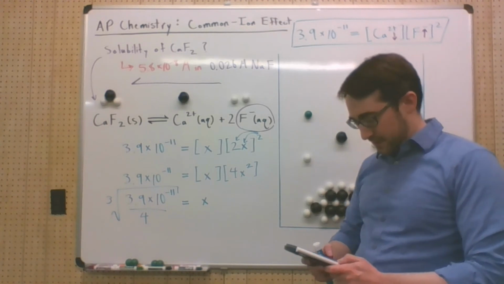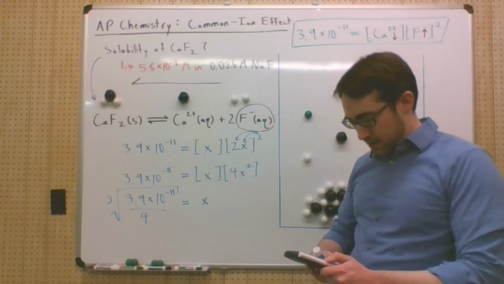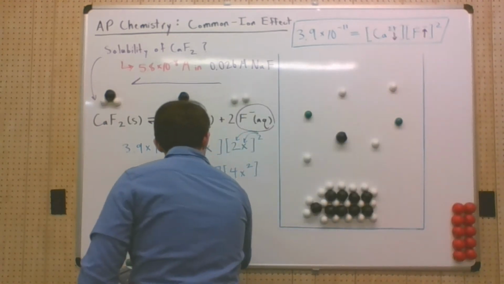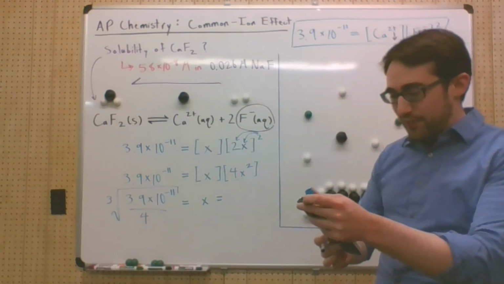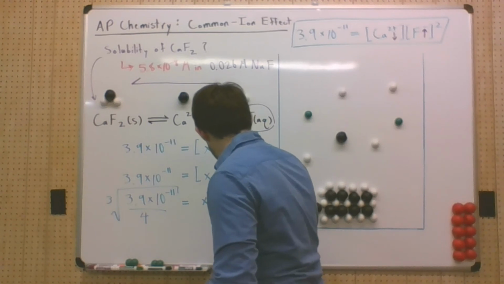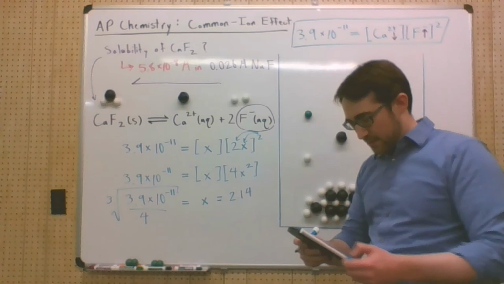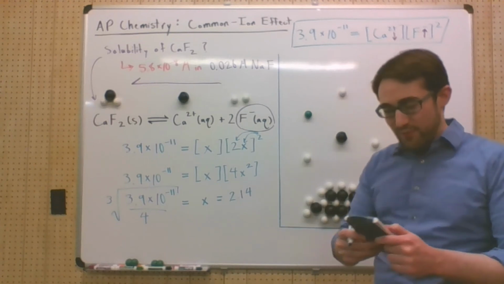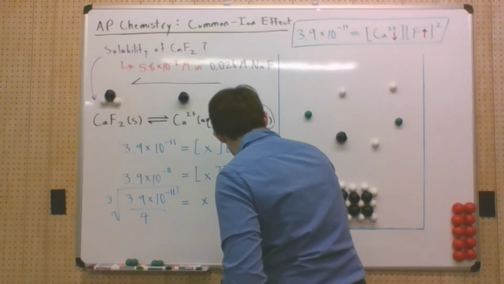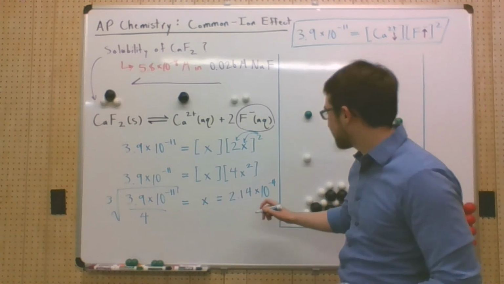All right, and then taking the cube root of that, I get my x is equal to 0.000214. Or I could write it out as 2.14 times 10 to the negative fourth. And this is a molar concentration.